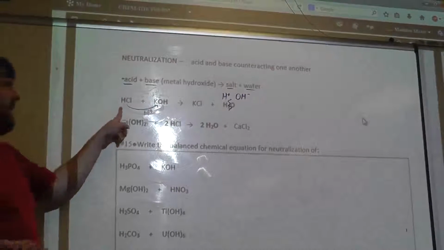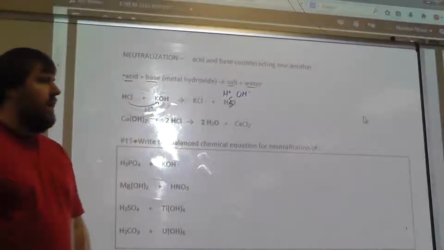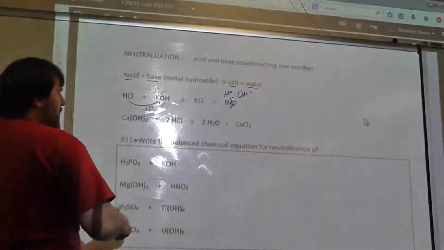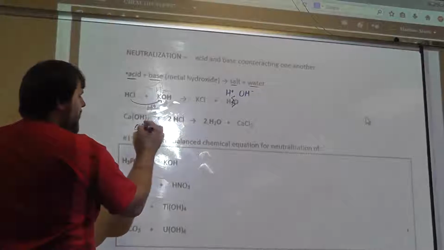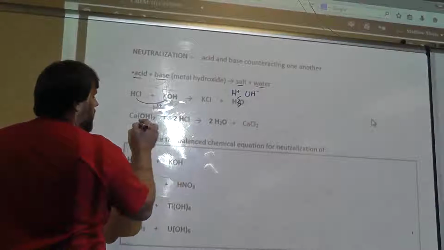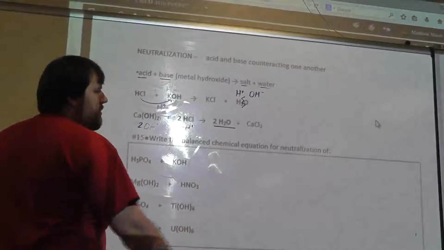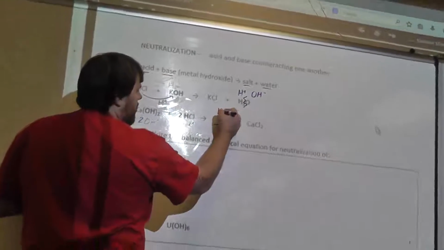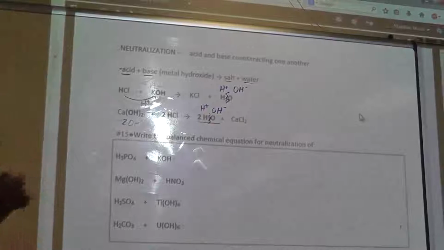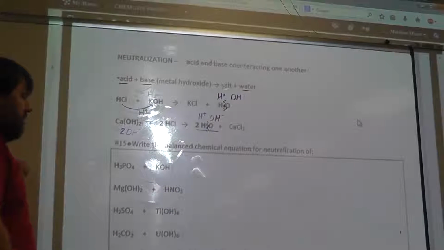But they formed by taking this acidic hydrogen and slamming it with that hydroxide. Same thing here. If you have 2 hydroxides here and 2 hydrogens here, you will make 2 water molecules. That's because each one of those water molecules is made up of a hydrogen and a hydroxide. So if you put them together in the same quantities, you're going to get the same amount of water.